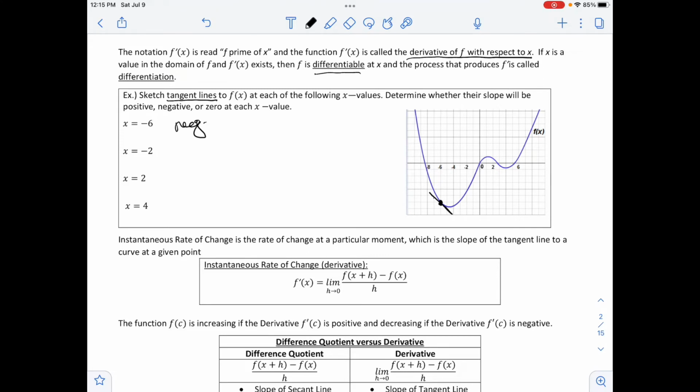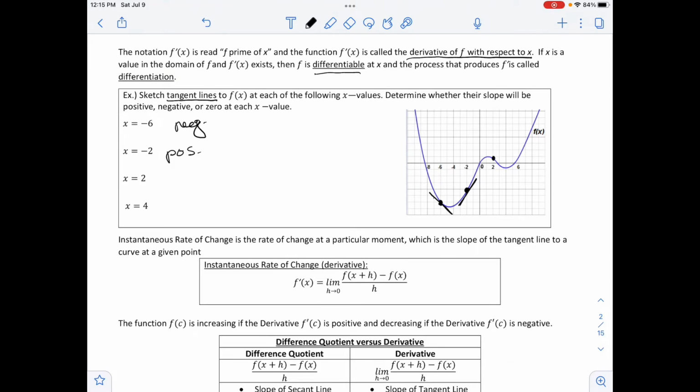The second x value is when x is equal to -2. Likewise, I'll put a point on my graph at -2 and draw a tangent line that just grazes the graph there. This time we have a positive slope. The next x value is 2.